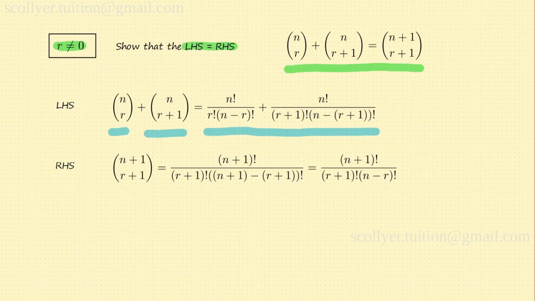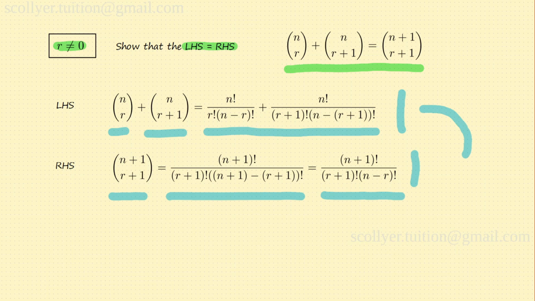The right-hand side, n plus 1 choose r plus 1, becomes this expression, which reduces to this somewhat simpler expression. And we can see that this is the more complex expression, the left-hand side. This is the simpler expression. And generally, it is best to try to turn the more complex expression into the simpler expression.